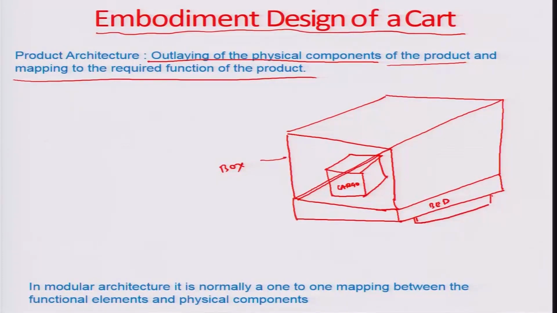And if I looked at how this cart is positioned and oriented and designed, there may be some leaf springs which may be connecting the cart to a set of wheels. So, probably just draw it in this manner.